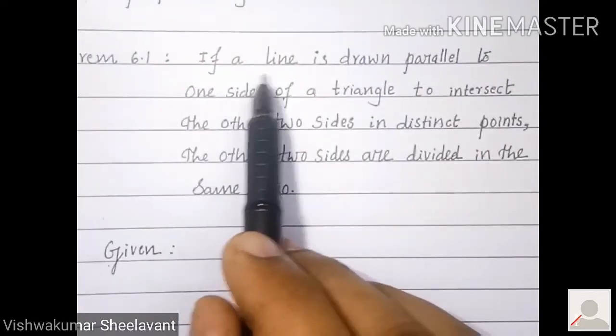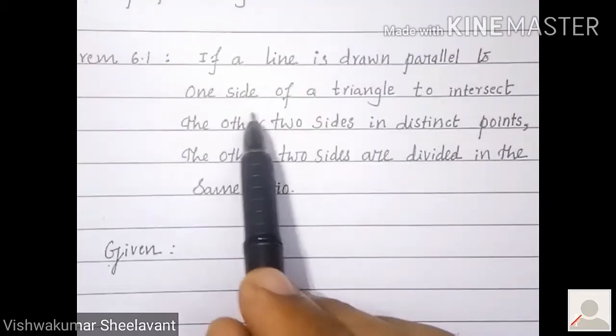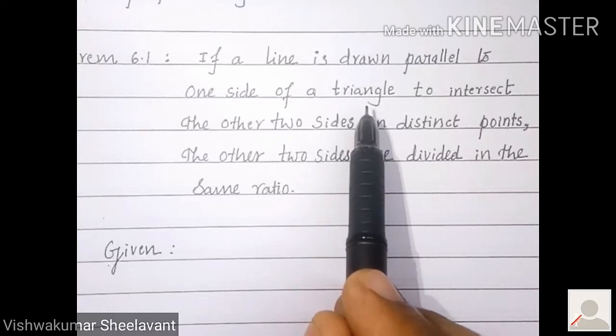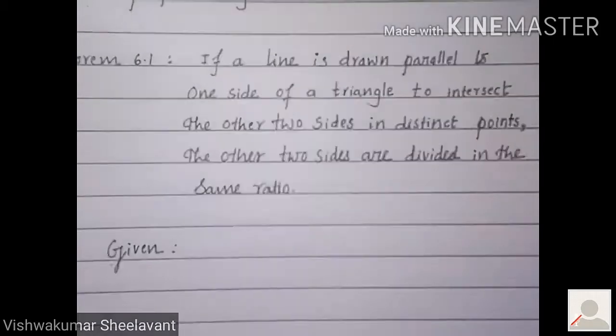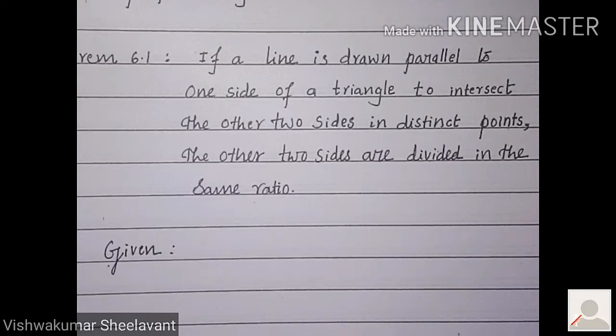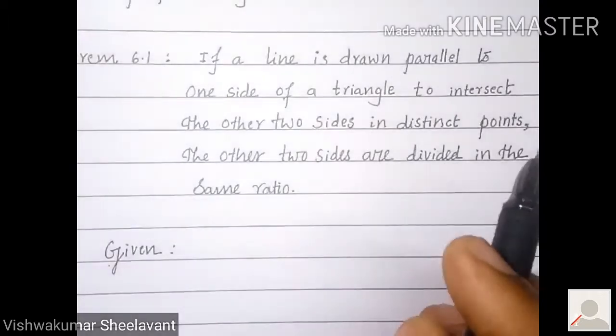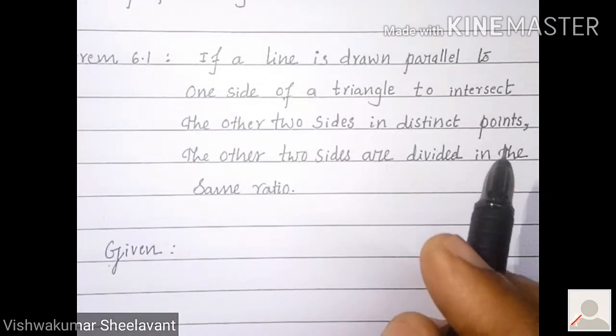You see here, if a line is drawn parallel to one side of a triangle, that means there is already one triangle. But in theorem statements, names will not be given for any triangle, parallelogram, or lines. They will be anonymous, that means without names. So we have to consider one triangle with a certain name. We have to name it.